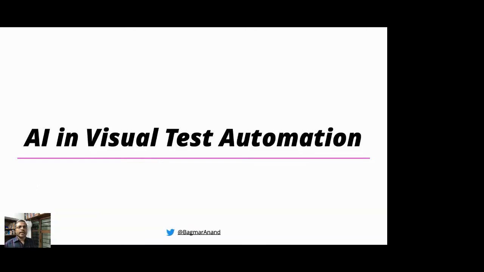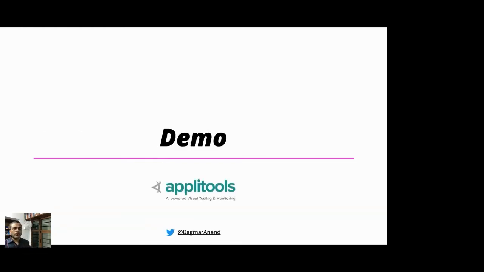It's a matter of getting quick feedback and accurate feedback about what exactly is happening with your product. That's where I would like to show a quick demo of one of these tools, Applitools, which is a visual AI tool, and how it can solve the problem. Again, there are a lot of other tools as well. This is the tool that I'm using from a demo perspective for you.